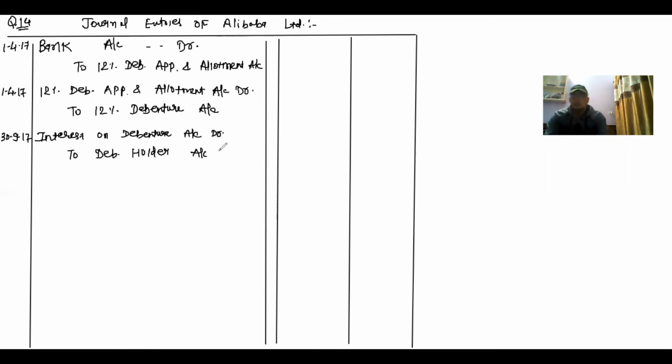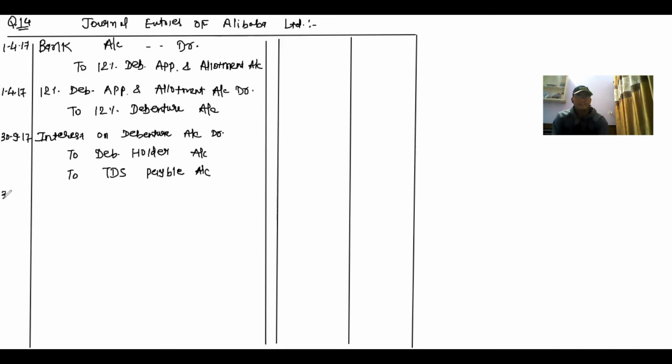But here the income tax rate is given, that is 20%. It means on this amount income tax will be deducted as TDS. So now to TDS payable account. Simple. And they provided that interest is paid twice in a year, so interest is paid on a half yearly basis. First of all, interest is paid on 30th September, that is interest on debenture to debenture holder, but the debenture holder gets the amount after deducting TDS.